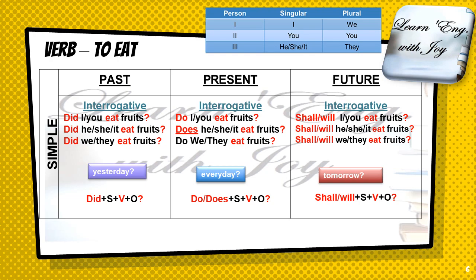If you're just going to write, do I eat fruits? Then the question mark will come after fruits. And if you're just going to practice by saying, do I eat? Then the question mark will come after eat. The syntax for this is do or does plus subject plus verb plus object.